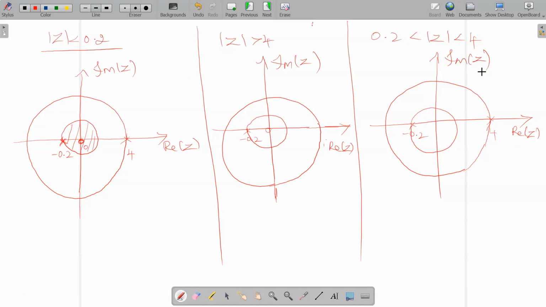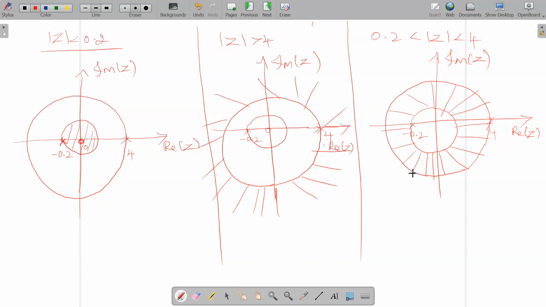So for all three cases, draw the same diagram, but modulus of z less than 0.2 means the ROC is inside 0.2, greater than 4 means outside 4, and between 0.2 and 4 means the ROC lies between those two circles.